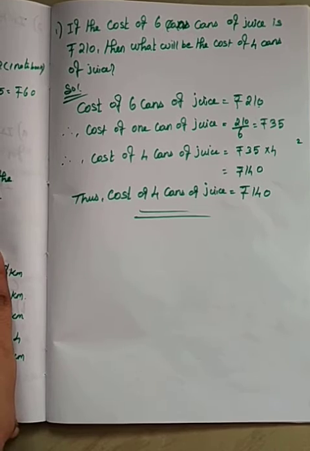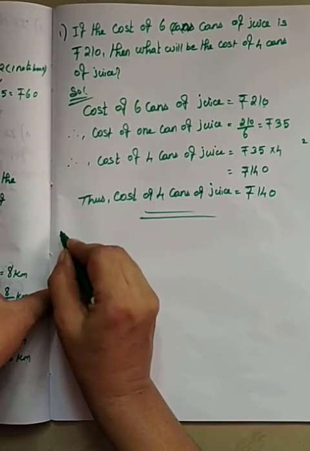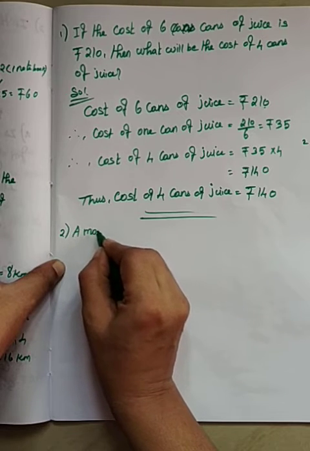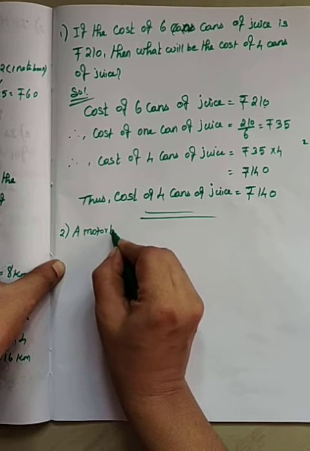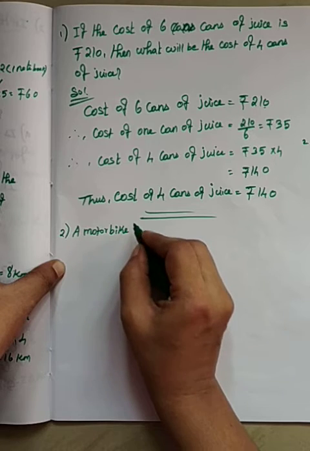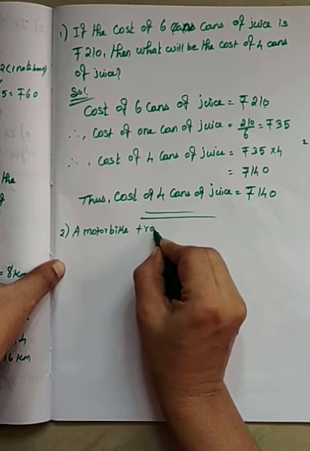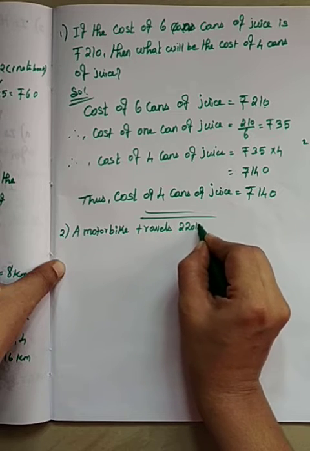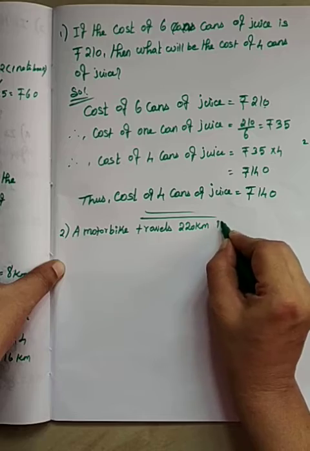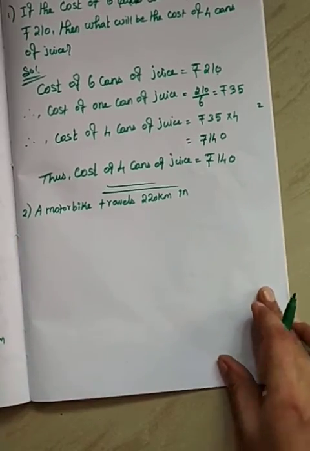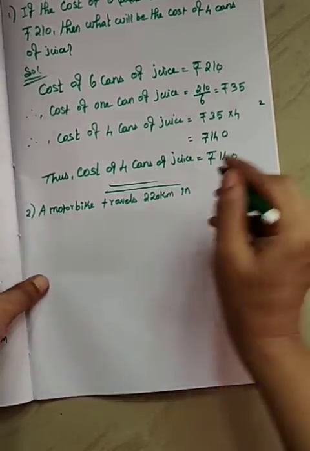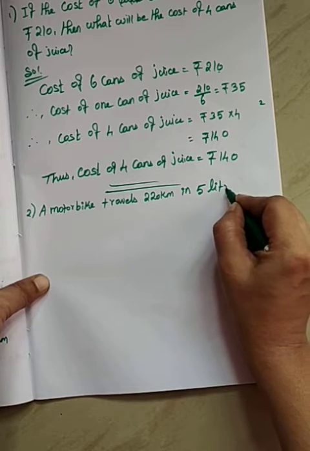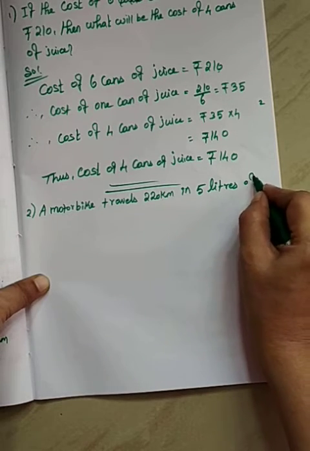Clear? See the next problem. A motorbike travels 220 kilometer in 5 liters of petrol.